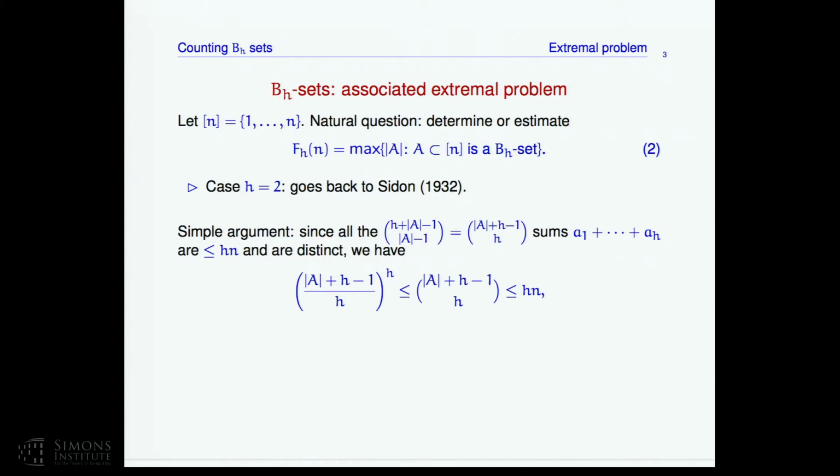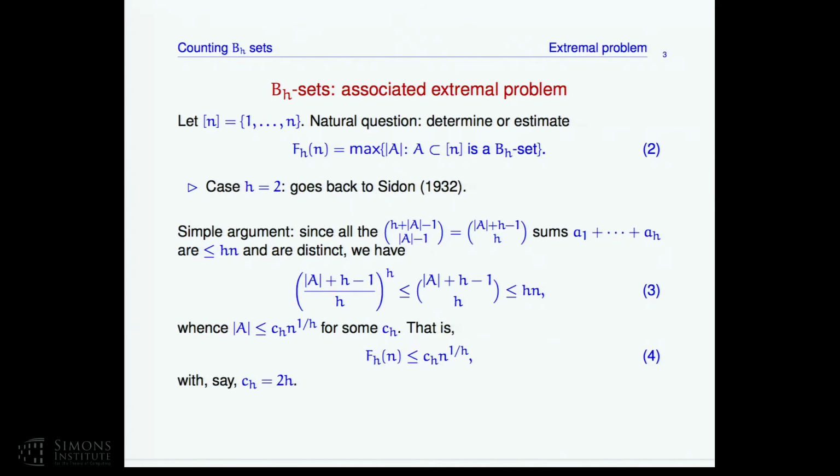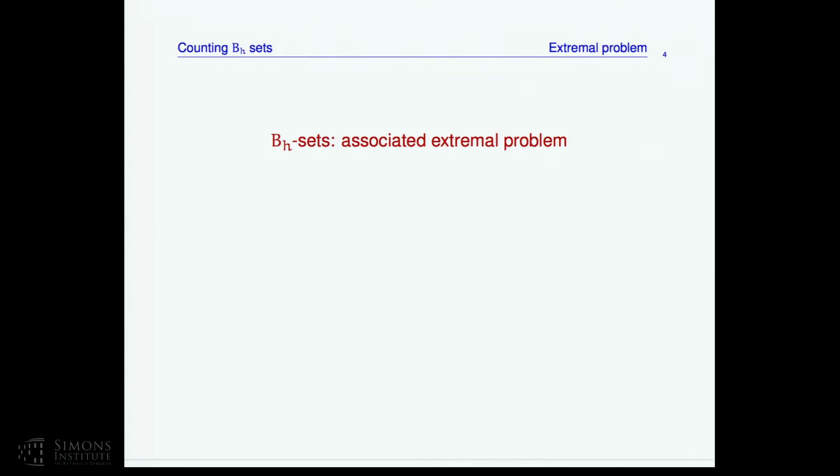If you compute a little bit, you see that |A| is of size at most n to the 1 over H, with some coefficient which depends on H. You can get something like 2H if you like. So we get this upper bound for f_H(n), which is of the form n to the 1 over H. That's inequality 4.